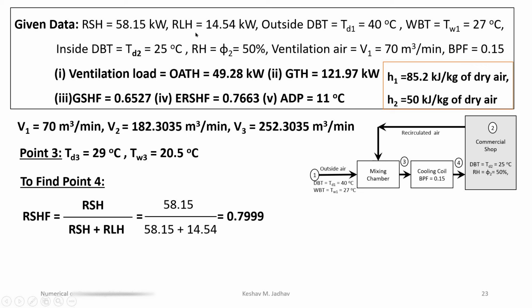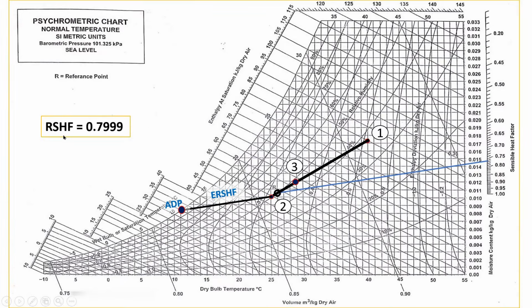Room sensible heat and room latent heat are given in the numerical, and we have already calculated that value, which is equal to 0.7999. So we can locate this room sensible heat factor on the psychrometric chart. It is about 0.8, so that point is here.